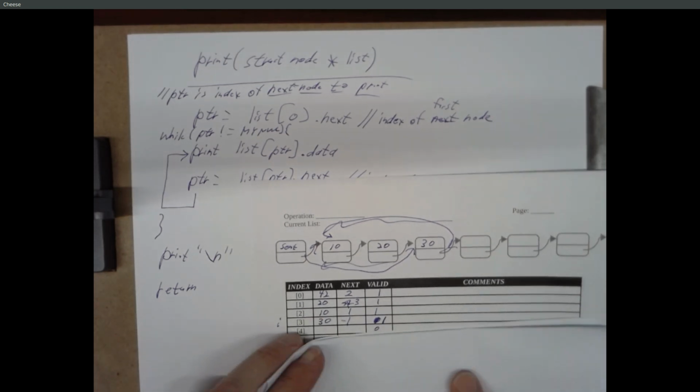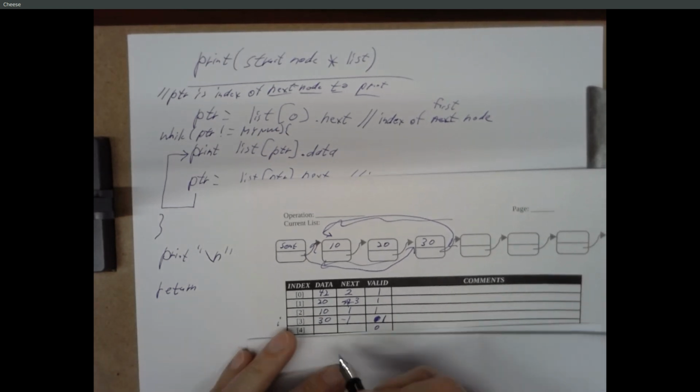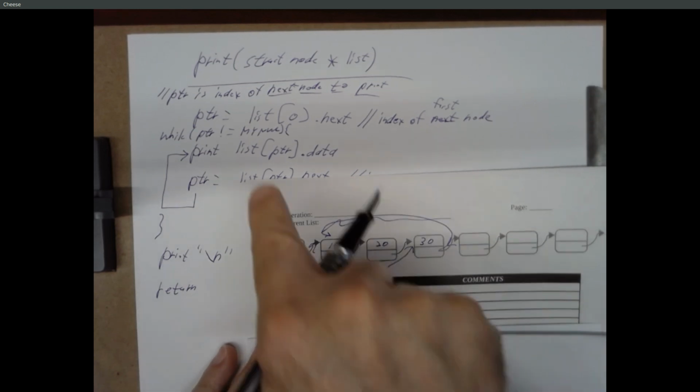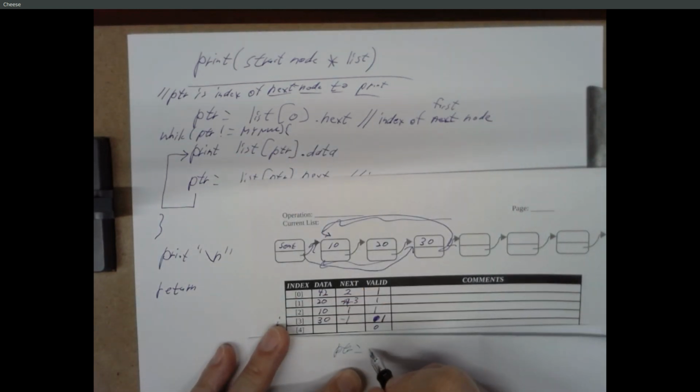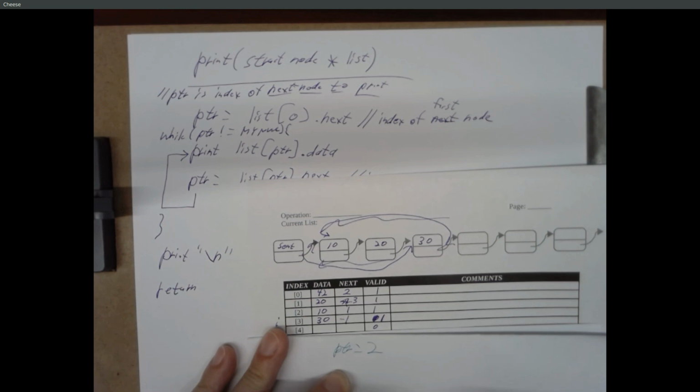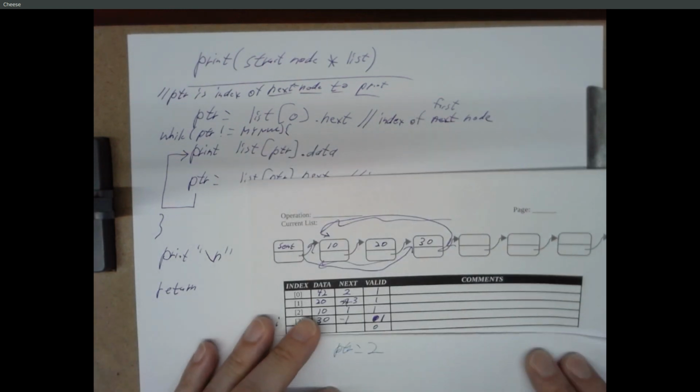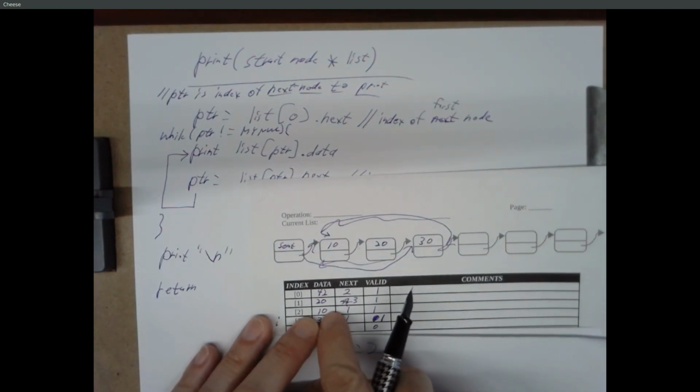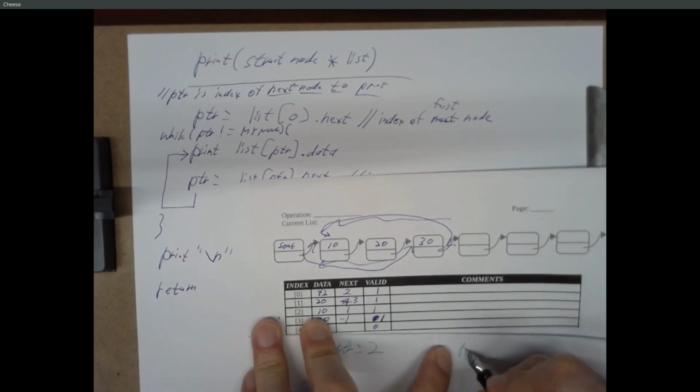Here's our linked list. We're going to start off with PTR equal to list[0].next. That's a 2. Okay, 2 is not equal to my null, so we're going to print list[2].data. That's a 10.